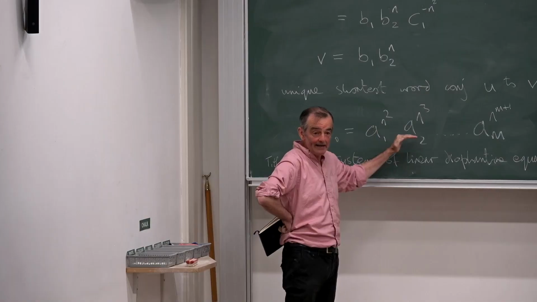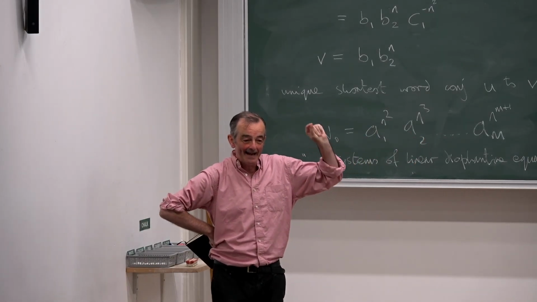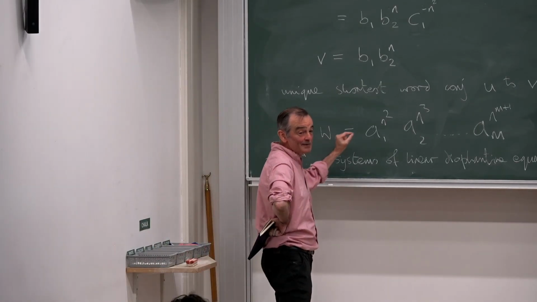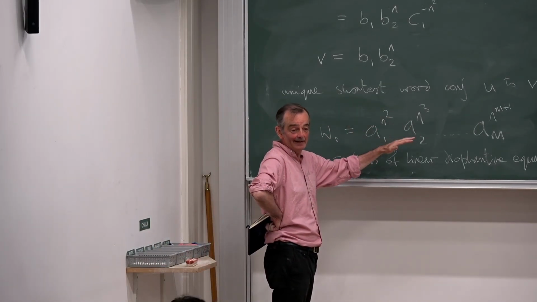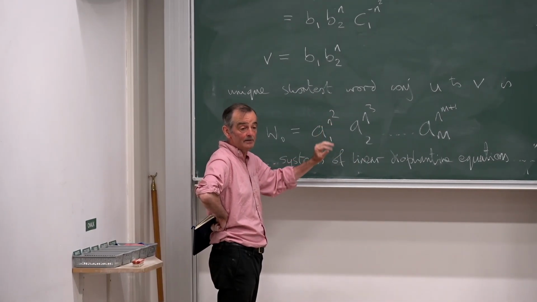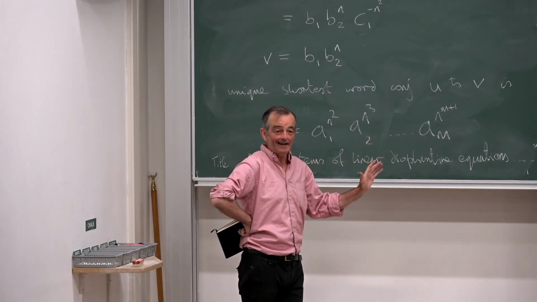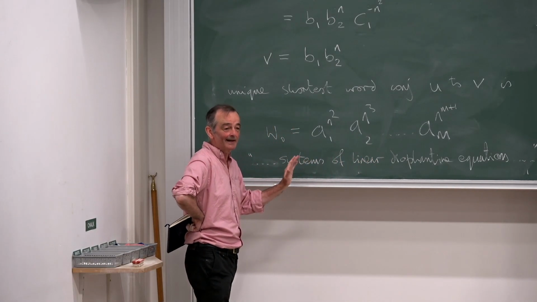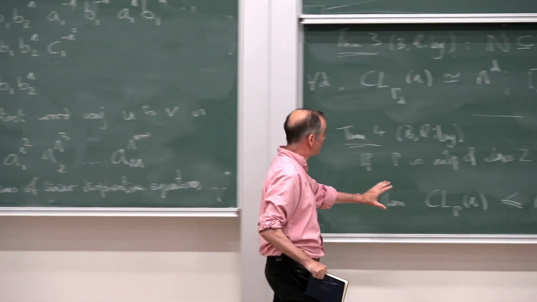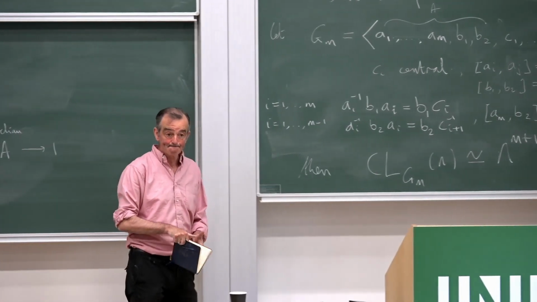It'll be a word in A's, B's, and C's. You give the exponents of C's names, x1 up to xm. Trying to figure out when it conjugates will give you a system of linear Diophantine equations. And what you're interested in is the size of the smallest solution to that system. And there's a whole literature on getting small solutions to systems of linear Diophantine equations. And that's where both this upper bound and the corresponding lower bound here come from.